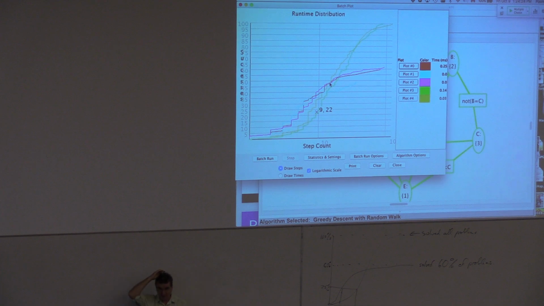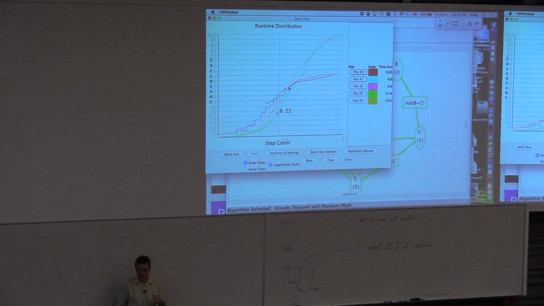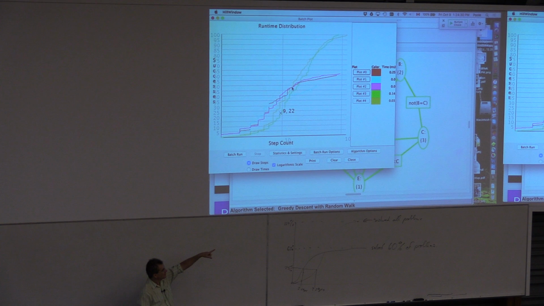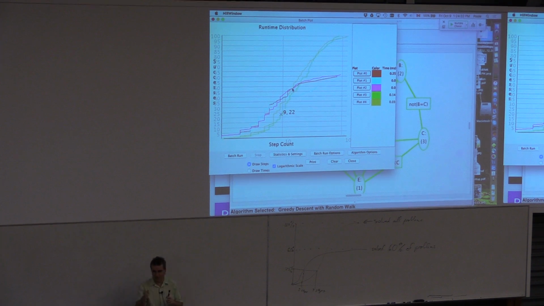It's 1 minus 0.75 to the 10th. So once I get a small probability to solve it, I can keep retrying it. Well, actually, we'll get to that in a minute, so keep that question in mind. Any questions about that so far?